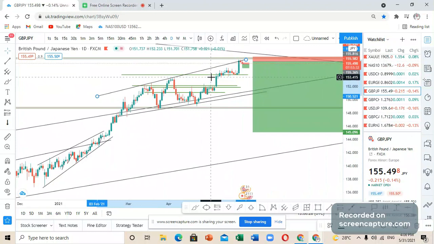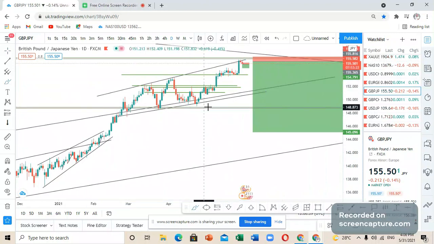Every time it touches this trend line above, it always moves to the downside to touch the trend line below. This is the trend line that I'm talking about.